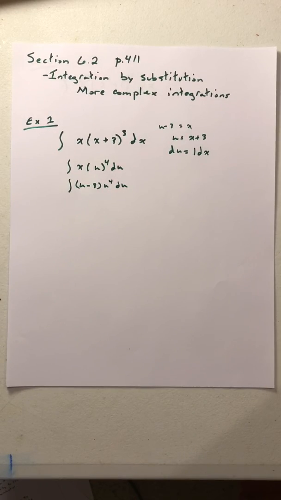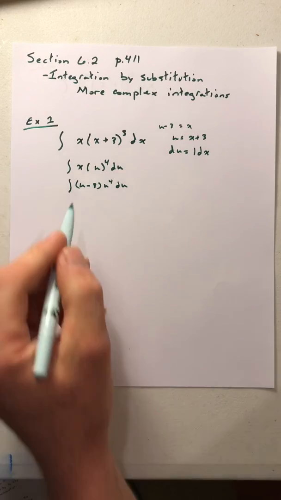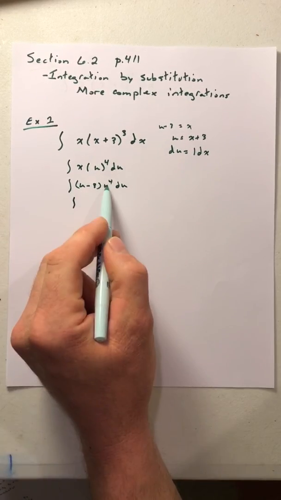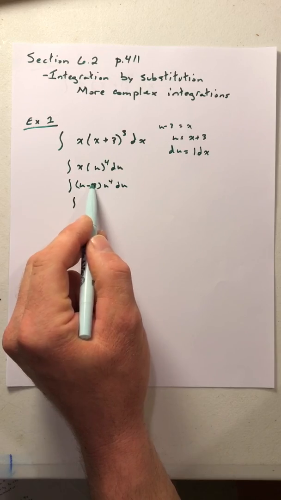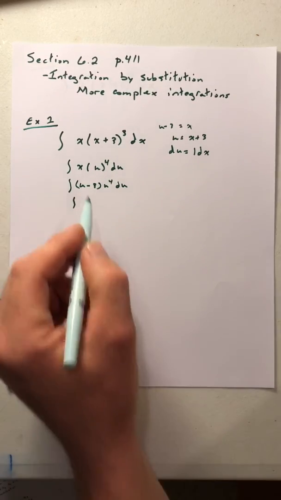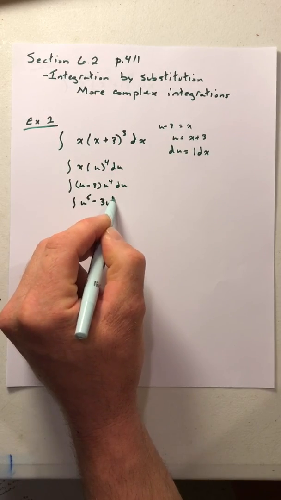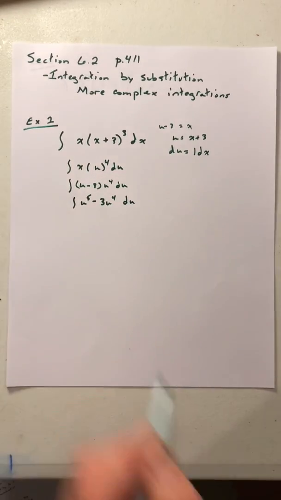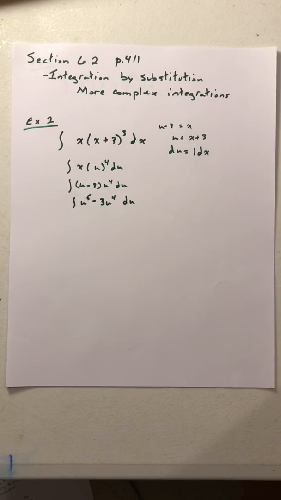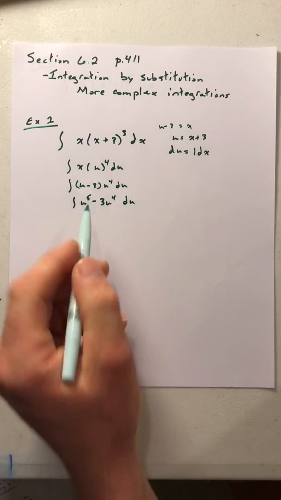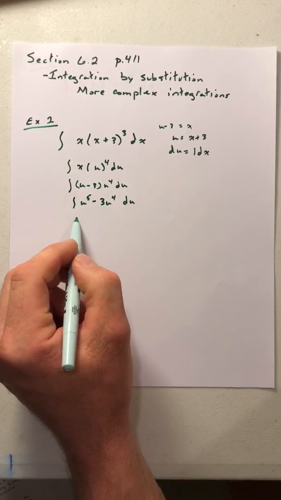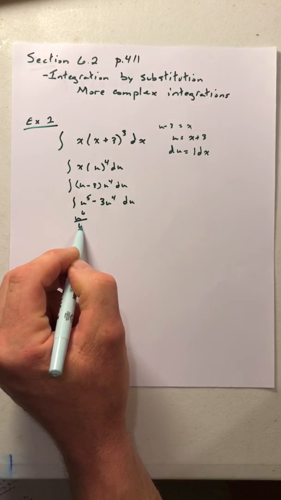Some of you might be saying, well, that looks kind of ugly. And it does. What we can do is take that u to the fourth and bring it into the quantity, and end up with the integral of u to the fifth minus 3u to the fourth du. Now we can integrate each part. The integral of u to the fifth is u to the sixth over 6.